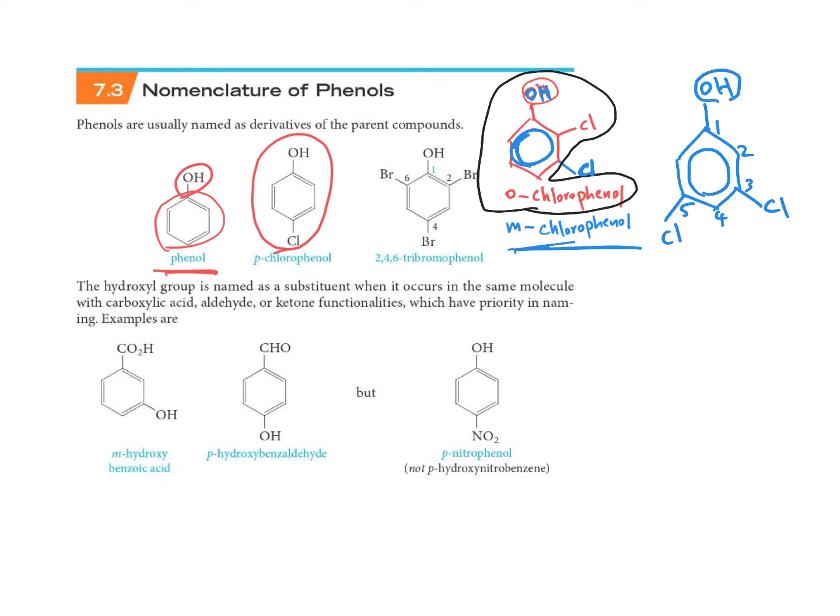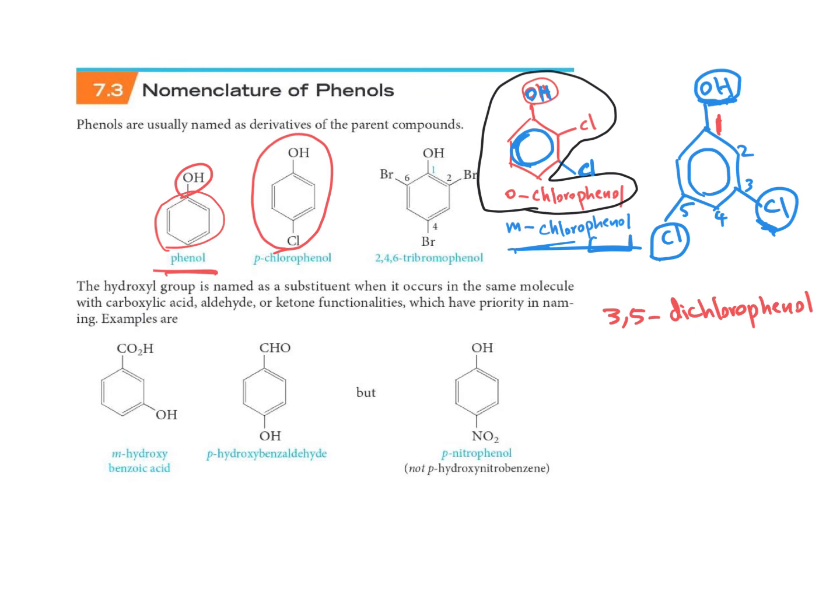When we have only one substituent, we see that this location compared to this OH is meta. But when we have more, we just use the numbering system. And when you want to call this compound phenol, you start naming from the OH. That's why you write 3 and 5 dichlorophenol.